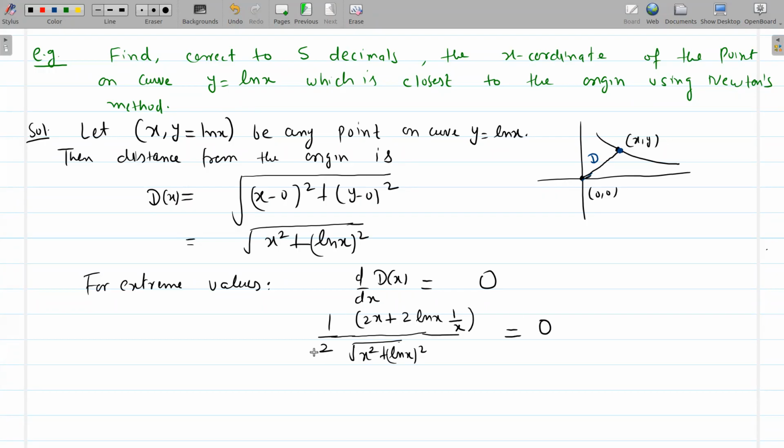And you can leave this 2 and this division factor, take it in right hand side. You can also cancel 2. So this is x plus (1/x) log x equals to 0. Or you can multiply with x. So x square plus log x equals to 0.